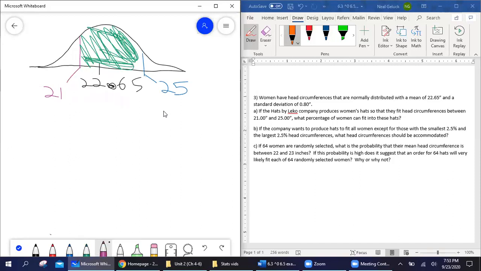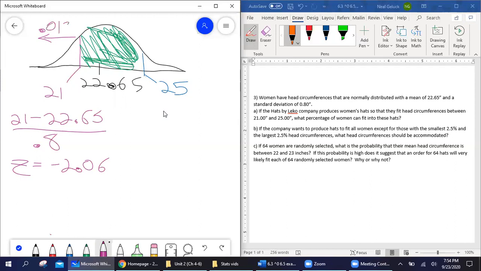So just like we've been doing, we're going to convert these numbers to z-scores. So 21 minus 22.65 divided by the standard deviation, which is 0.8. That'll give me a z-score on the left of negative 2.06. The area that goes with negative 2.06 to the left is 0.0197.